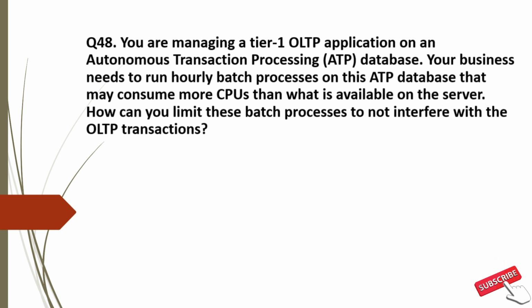Question 48. You are managing a tier 1 OLTP application to an autonomous transaction processing database. Your business needs to run hourly batch processes on this ATP database that may consume more CPU than what is available on the server. How can you limit these batch processes to not interfere with the OLTP transactions?